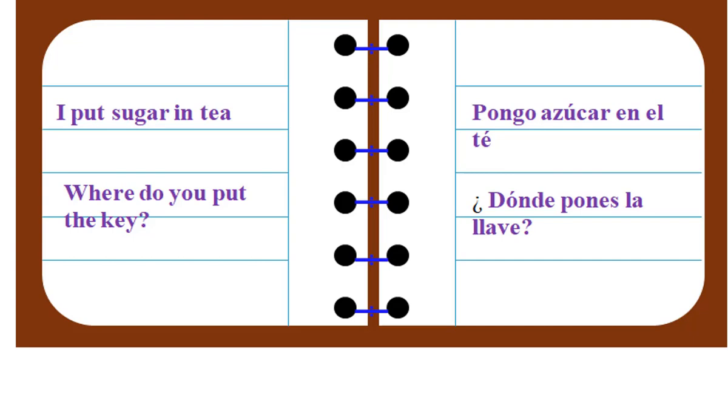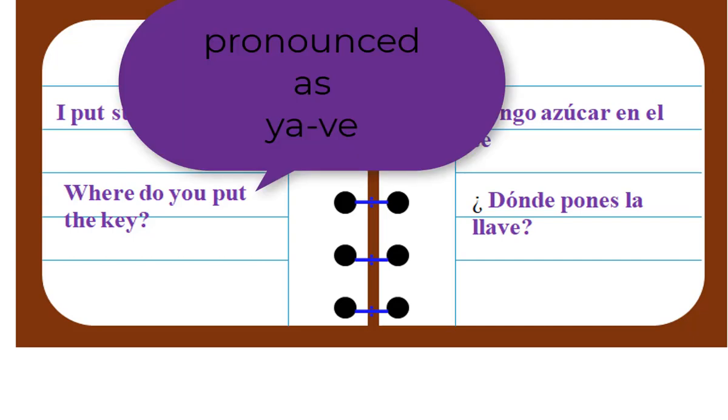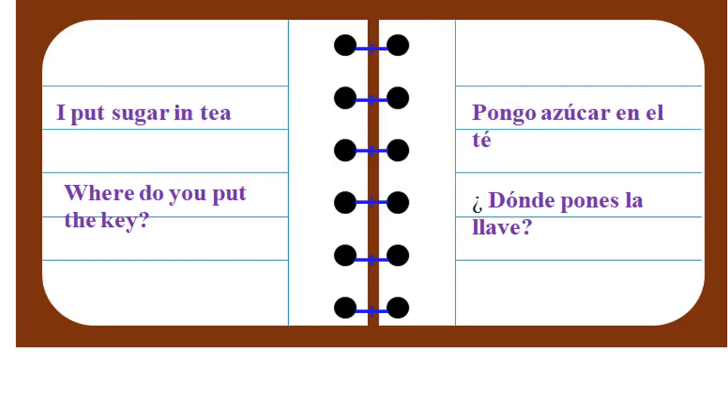Do you put? It can be again informal or formal. So pones or pone. ¿Dónde pones la llave? Llave is key. Where do you put the key? ¿Dónde pones la llave?